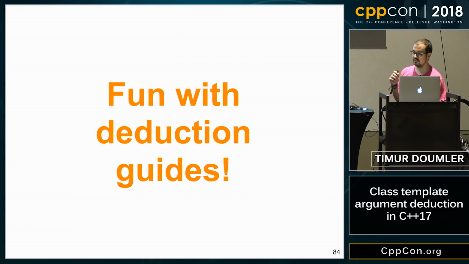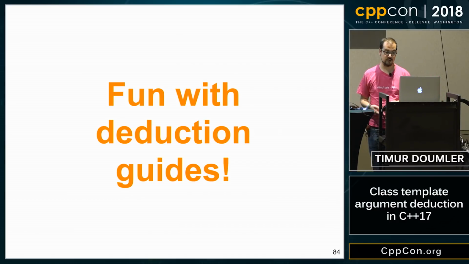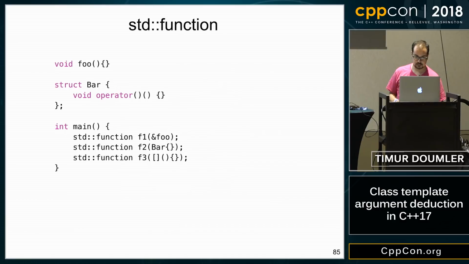So the STL has some really cool deduction guides, and if you look in there, it also gives you hints about how to write your own. For example, std::function has a really cool one, actually two. You can construct a std::function from a function pointer or from an object that has a call operator or a lambda, but basically anything callable.